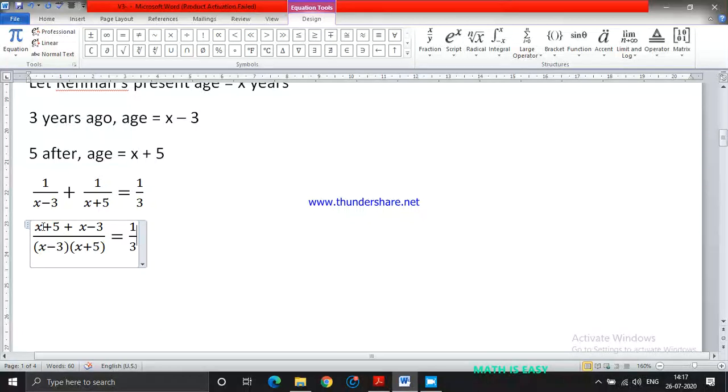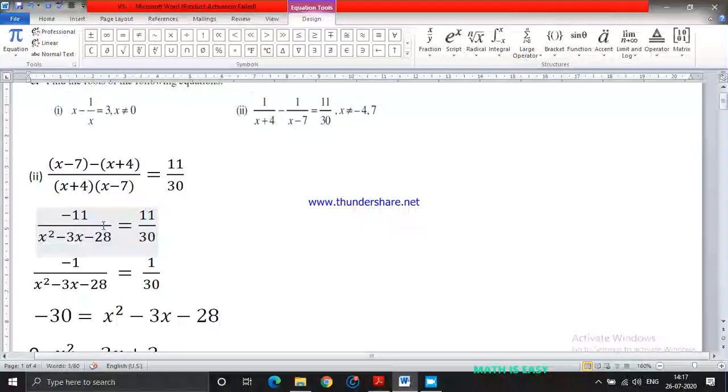See here, in the numerator I didn't use any brackets. But in the previous question when I solved, I kept the bracket. There is a reason why I kept the bracket in the numerator, because of this minus sign. This minus has to be multiplied with both the terms. Generally the mistake students make here is they don't maintain the bracket and multiply minus only with x and they keep plus 4 only. So then your entire question is going to be wrong.